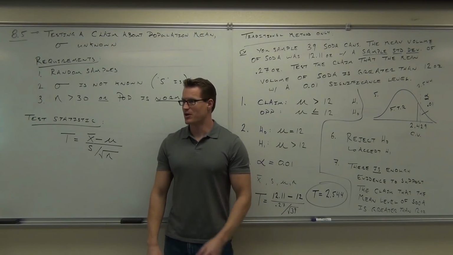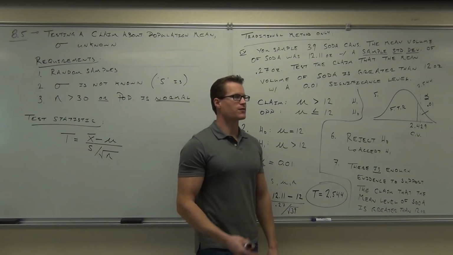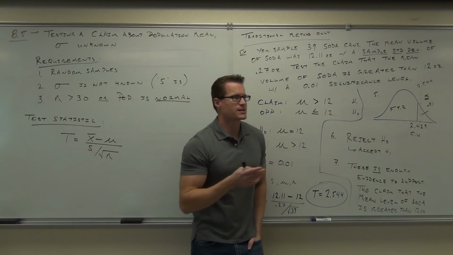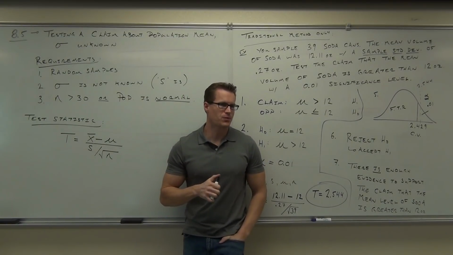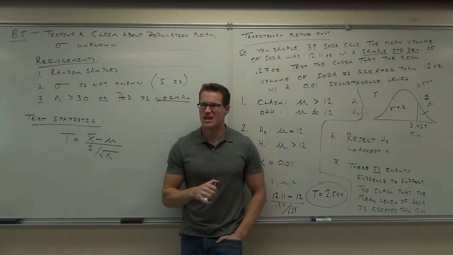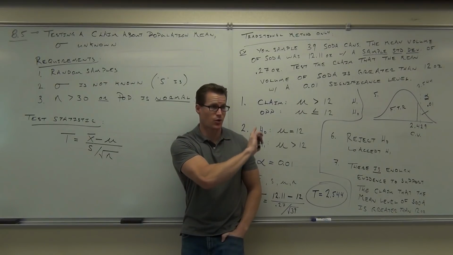You sure? Now I'm going to change the problem just slightly. What if the guy had beforehand just said, I just want to know if we're either above or below? So what if we change the wording a little bit?